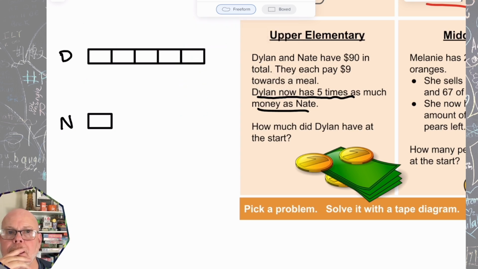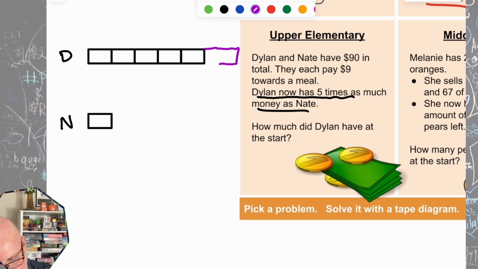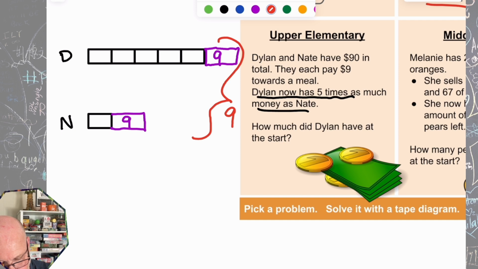Bam, so that's the after. So before, they each paid $9, which means what we're looking at is less than the $9 they each spent. So here is the $9 they each spent.